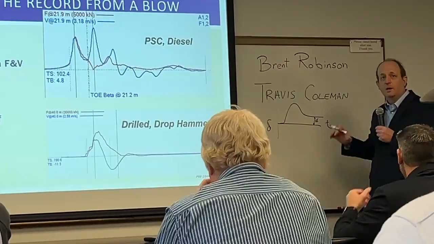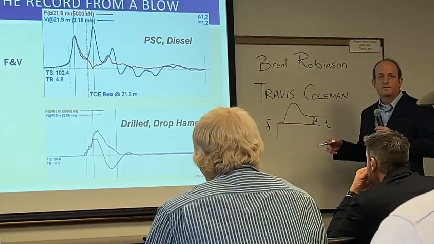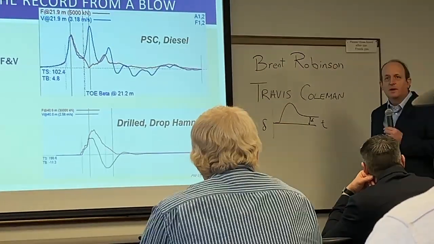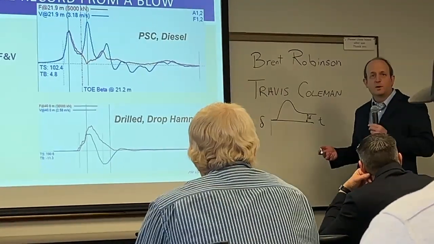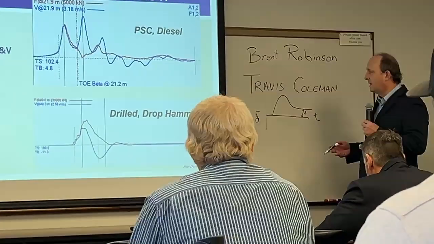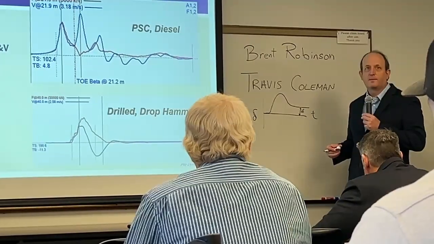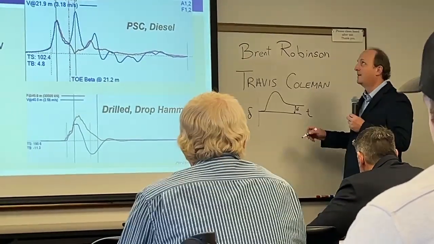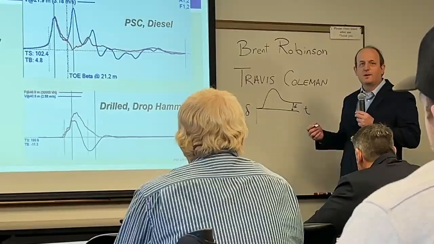And the inverse of the set, so if it moved in 0.1 inches, that would be 10 blows per inch, or 120 blows per foot.